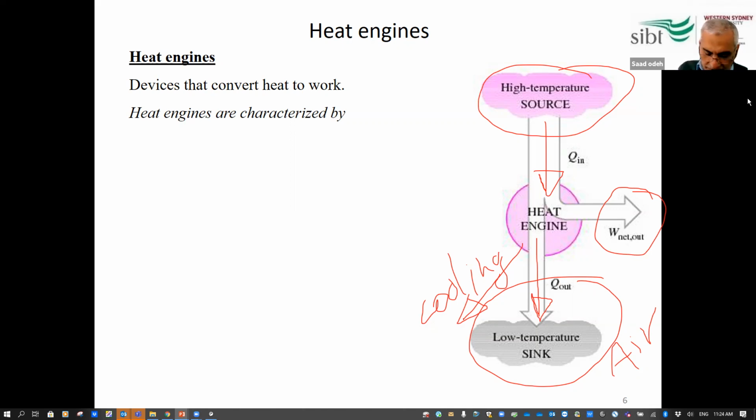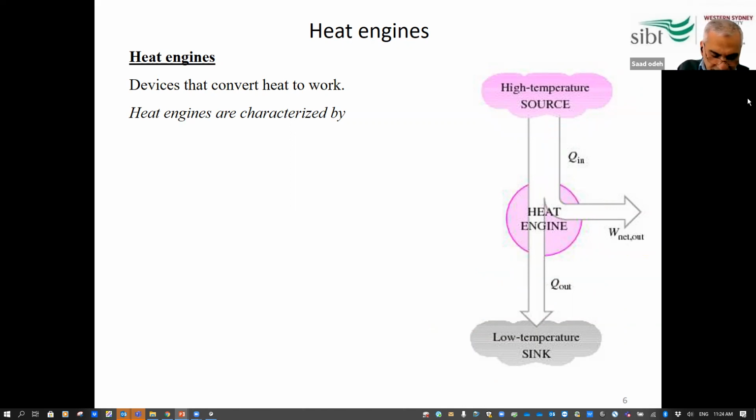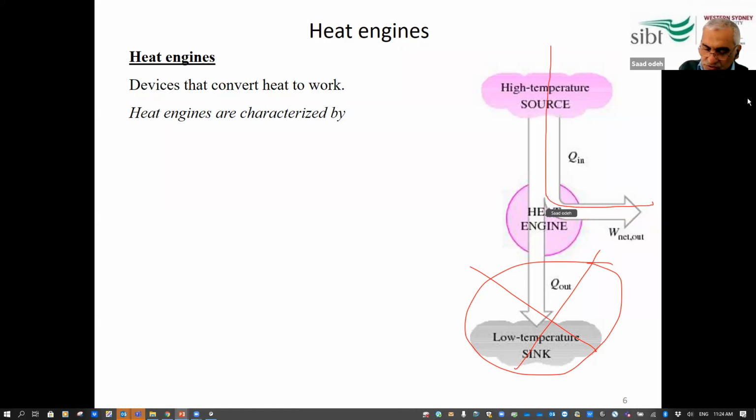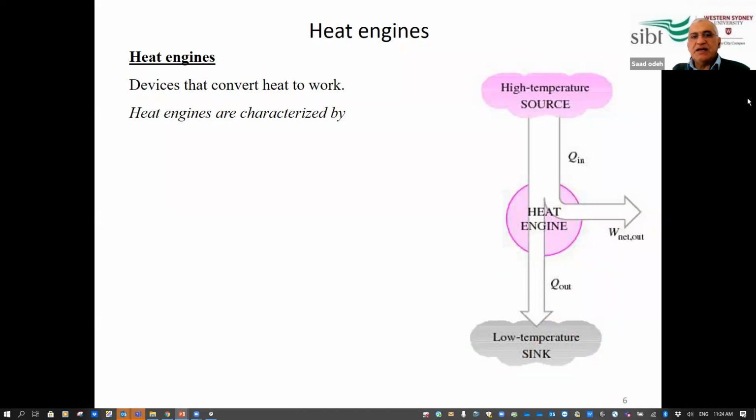You can't ignore this. You can't say, okay, I can design an engine that converts all the energy from the heat source to work. This is not possible. This is wrong. Okay? So that's the heat engine principle.